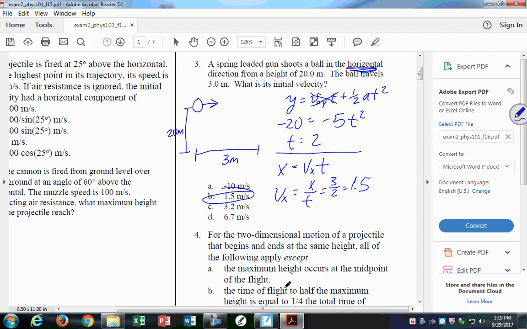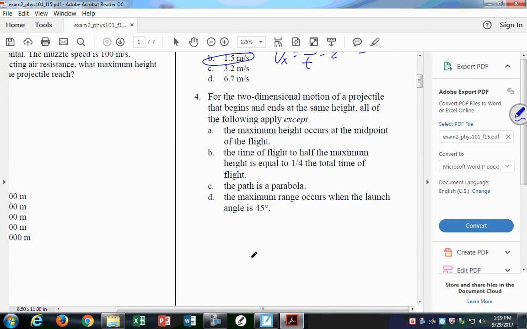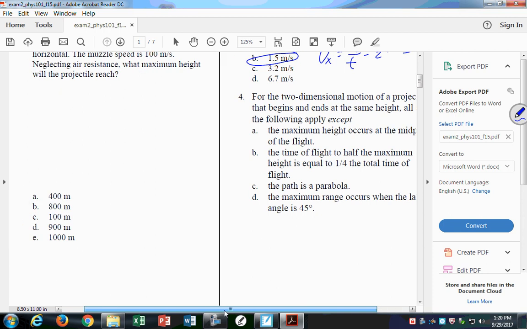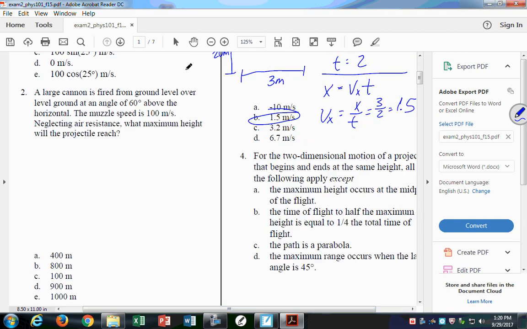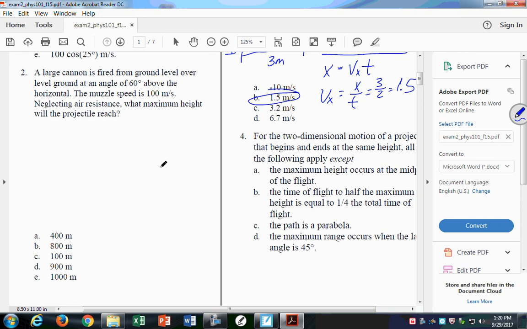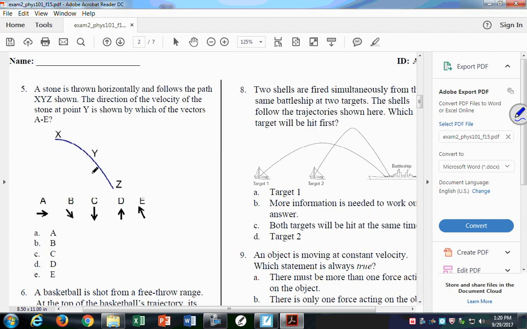Any particular questions here, folks? Look, there's one. It's like that. Go up, down, same starting and finishing point. Oh, this asks the maximum height, not the range. How about this one, number 5? What is the direction of the velocity at point Y?